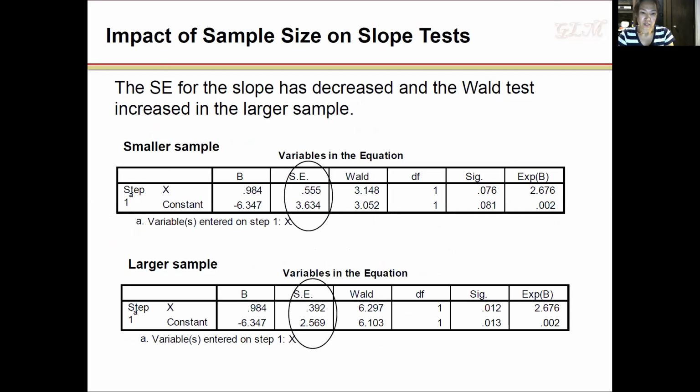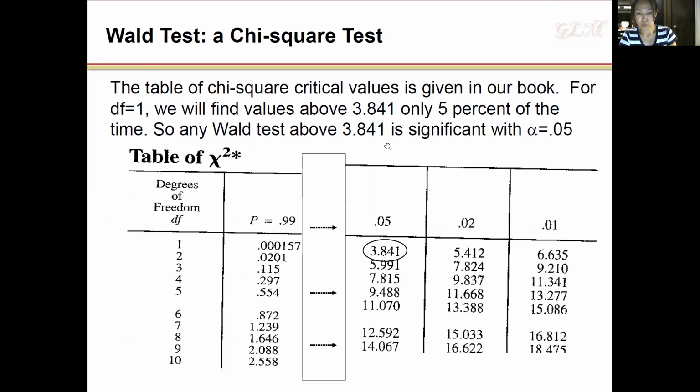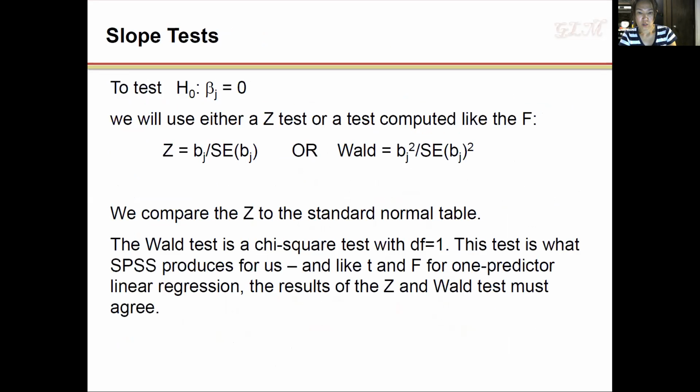And so, the importance of the sample size. Let me show that with the formula. Here, this is the standard error, and this is the B slope. If your B is big, then your Wald test value becomes large, so it's likely to reject the null hypothesis.